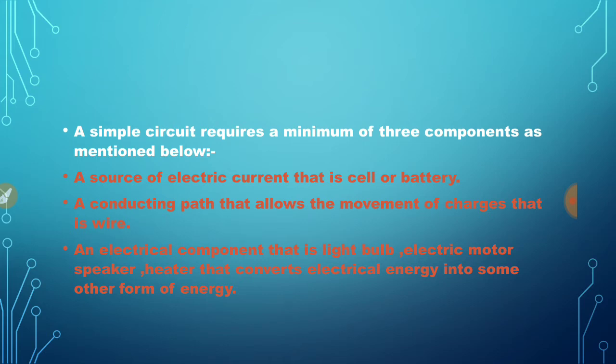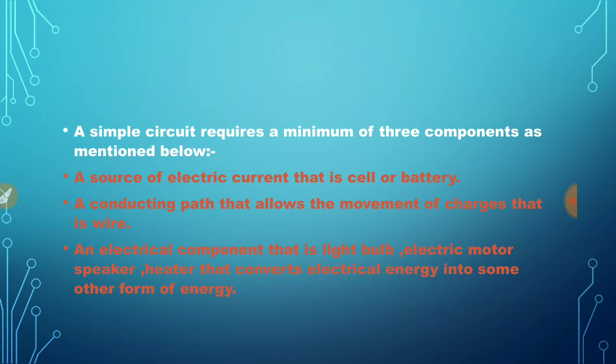As we have mentioned below, first of all, a source of electric current, which provides electric current, either a cell or a battery. Second, a conducting path, the path that allows the movement of charges, that allows the movement of current, means wires.